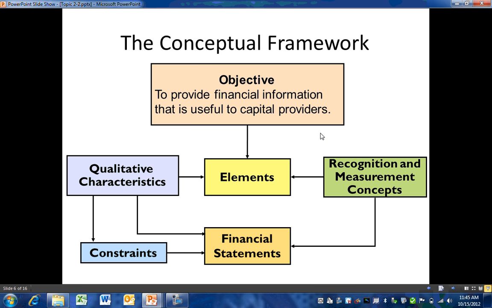The conceptual framework begins with the objective of financial accounting, which we covered in our earlier video lecture, and that is to provide information that is useful in making investment and credit decisions.